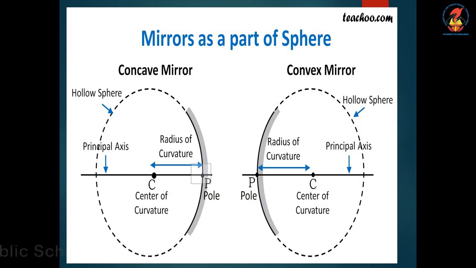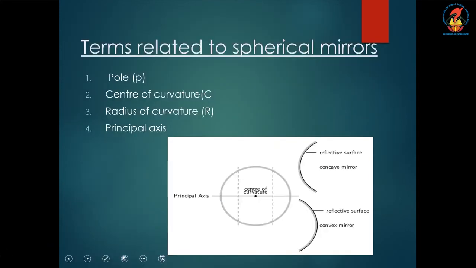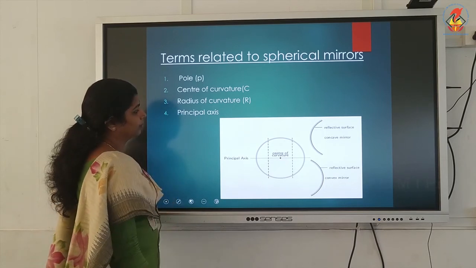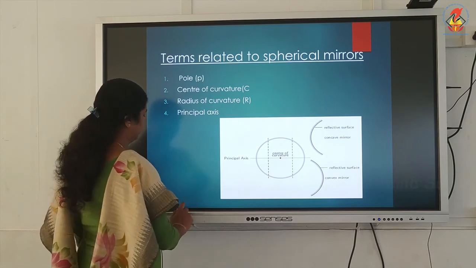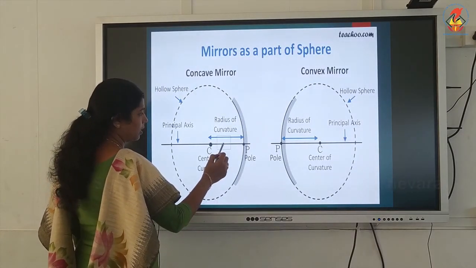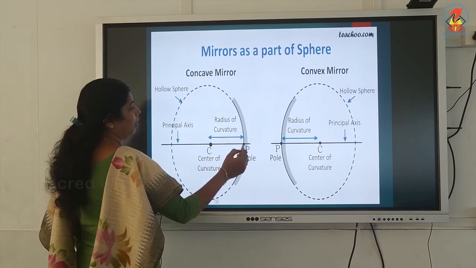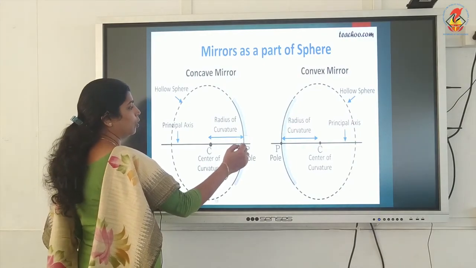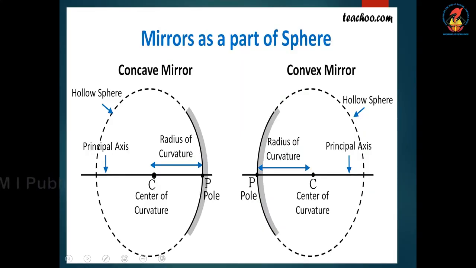It's at a 90-degree angle. This principal axis is a straight line normal to this point, that is normal to the pole.